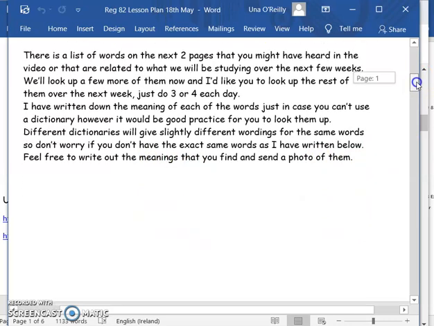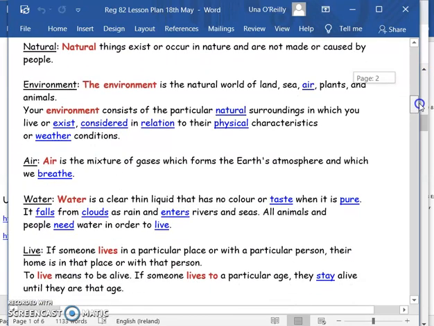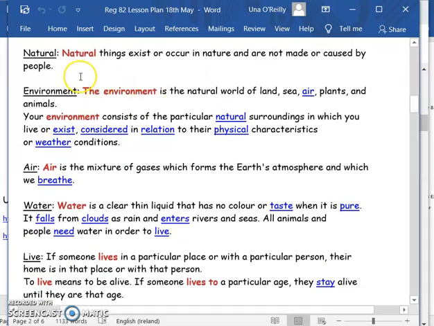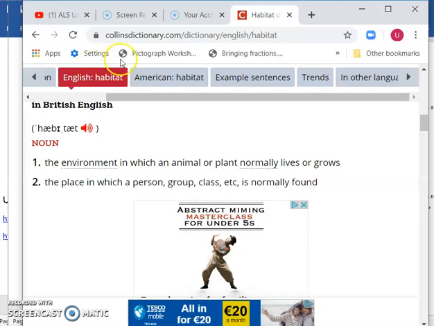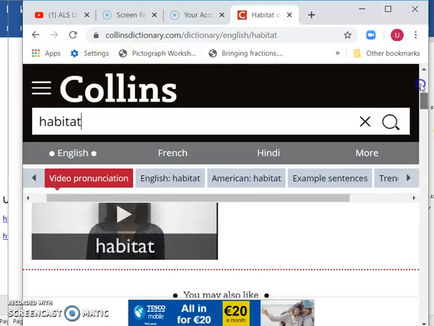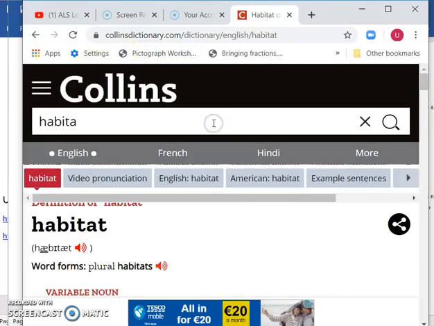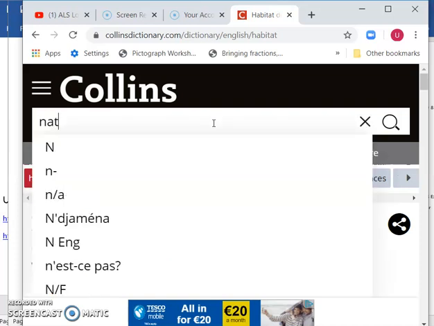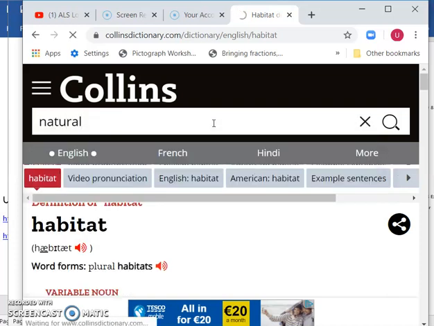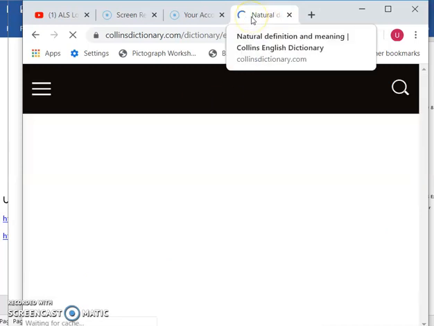So here we are. Let's just go down and have a look at what I've got here. Okay, so we said habitat was a natural environment. So let's look up natural. Okay, click back to our dictionary, and I'm going to go up here and put in natural. I'll give it a second. Working away here. Natural.